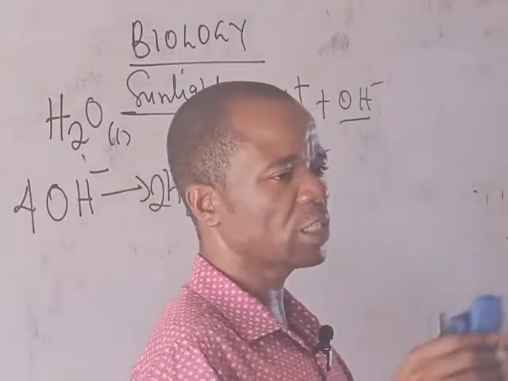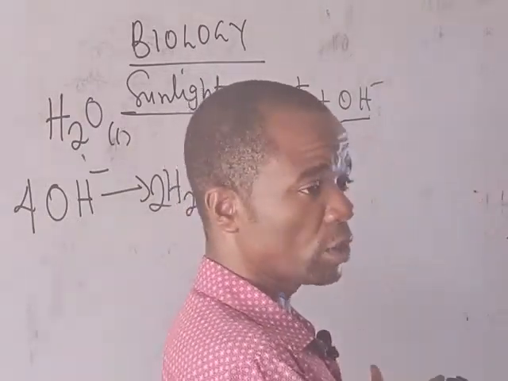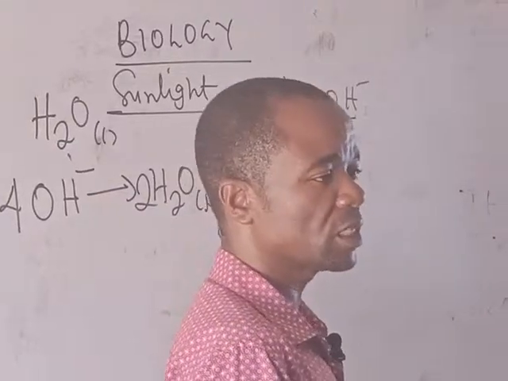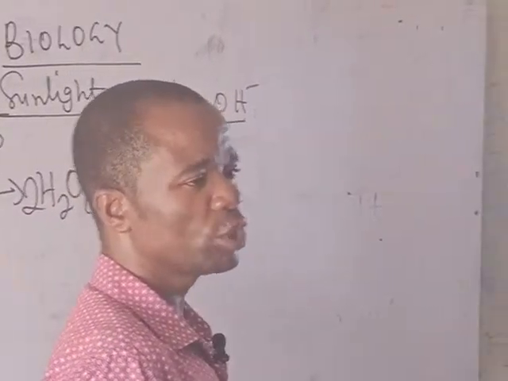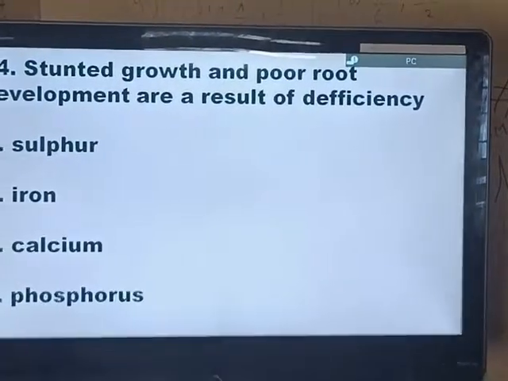And these minerals are classified into two. You have those minerals that are needed by them in large quantity. They are called macro minerals. Examples are carbon, hydrogen, oxygen, nitrogen, iron, magnesium, and so on and so forth.